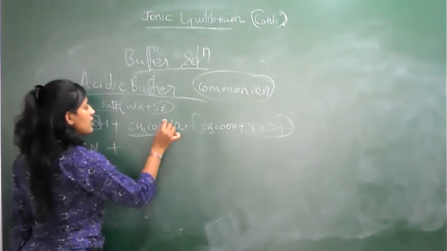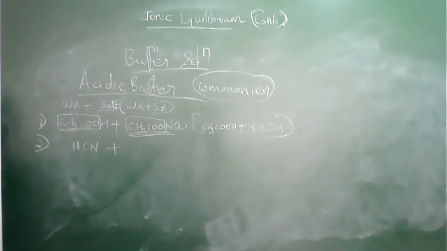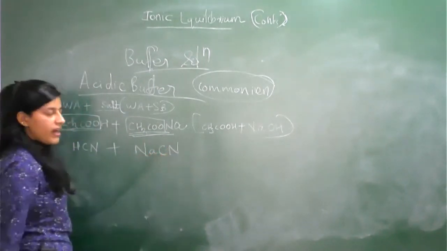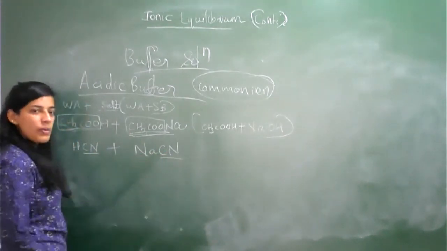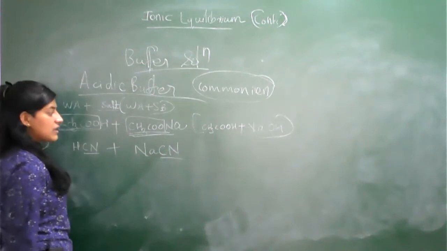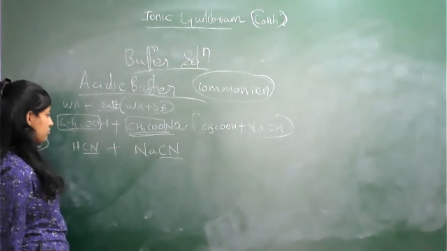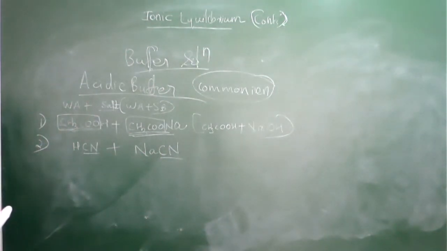In the same manner, NaCN, very good, because it contains the common ion. NaCN is formed by NaOH plus HCN.